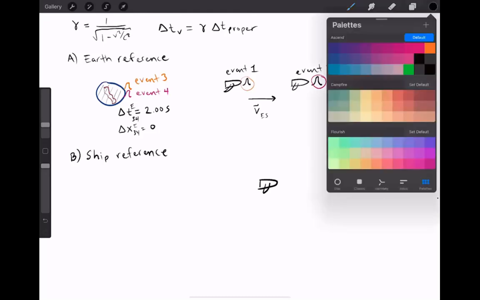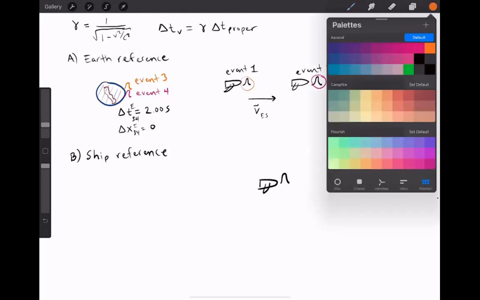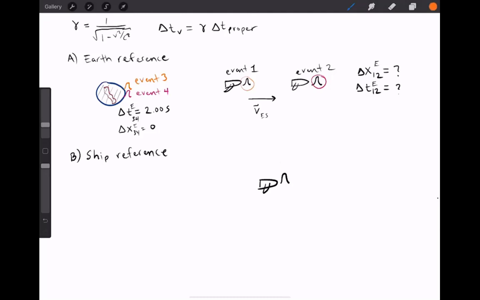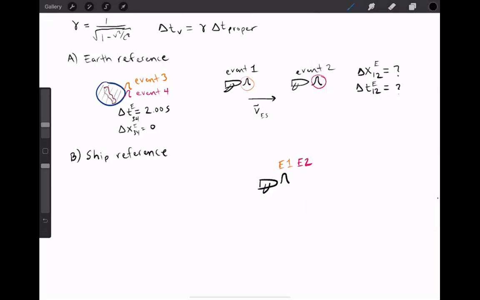But let's draw this the whole way, right? We have two events happening, event 1 and event 2. Do they happen in the chip reference frame? Is there a separation in space between event 1 and event 2? John?